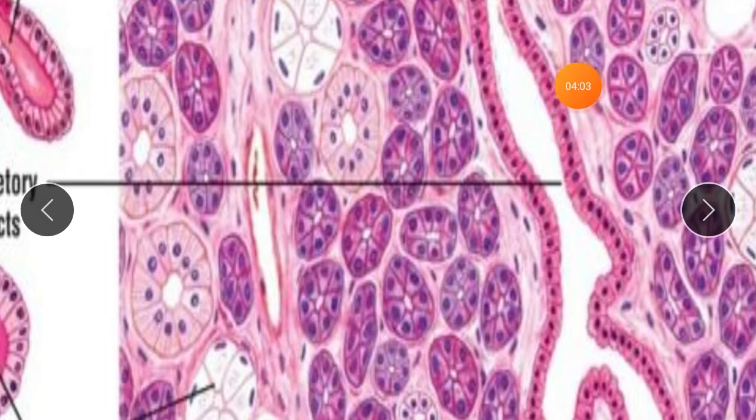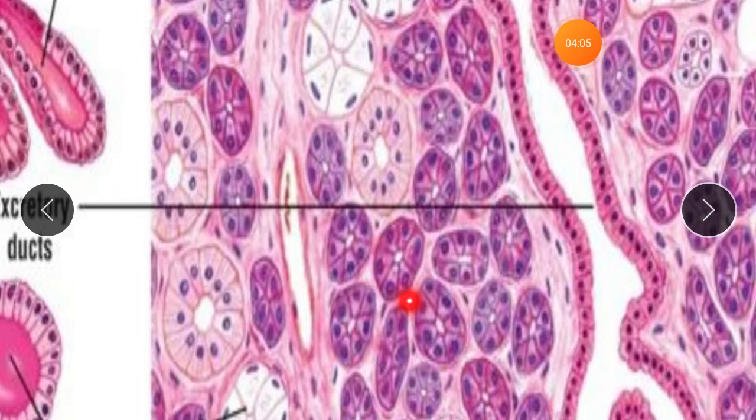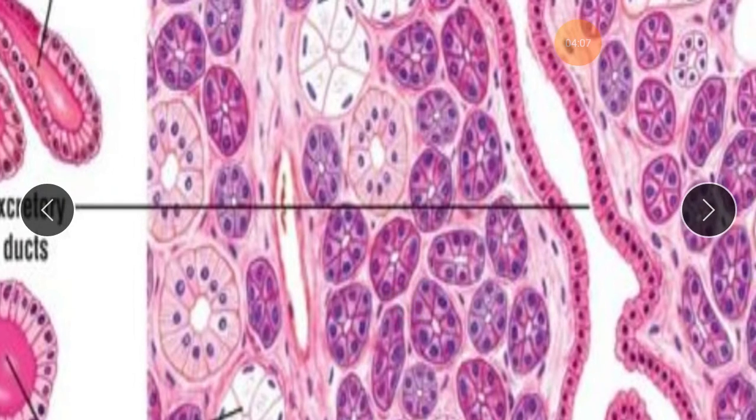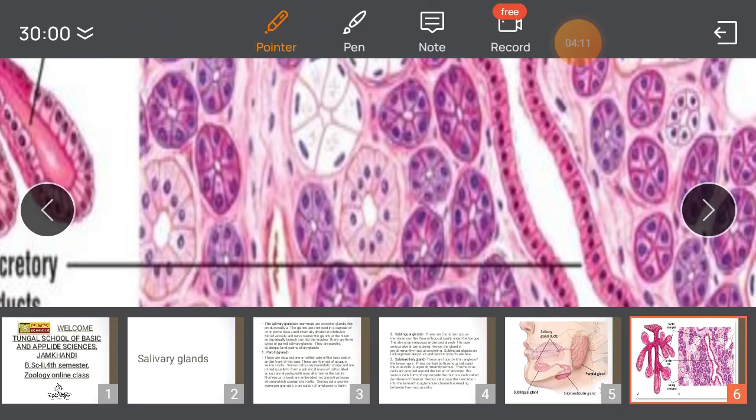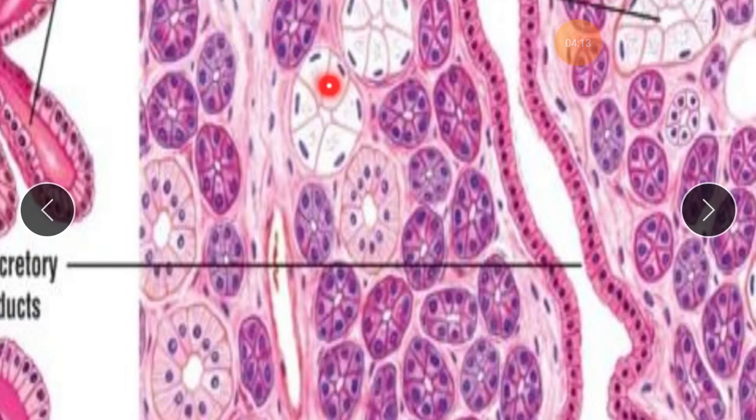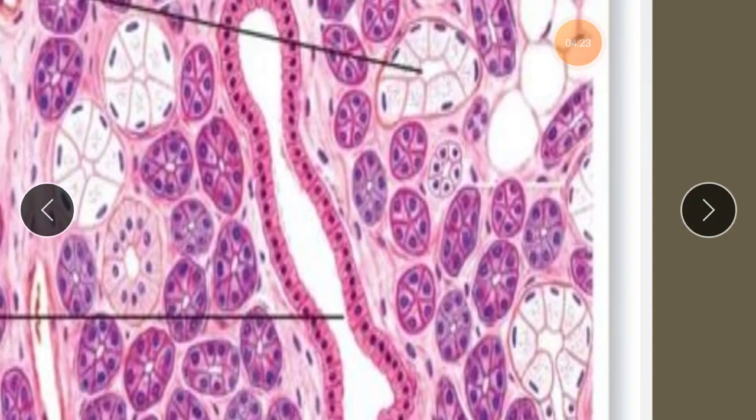These are acini. These are mucous glands, mucus secreting cells, and these are secretory ducts. Here you can see these are fat bodies.